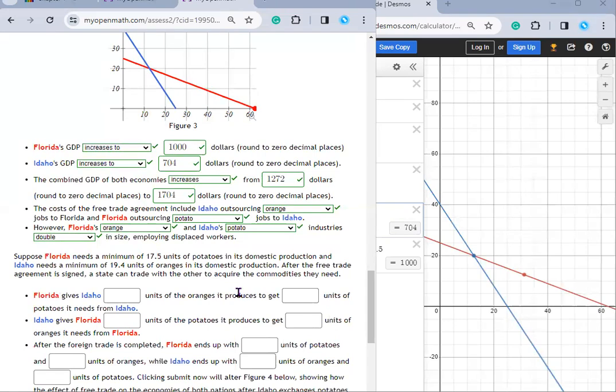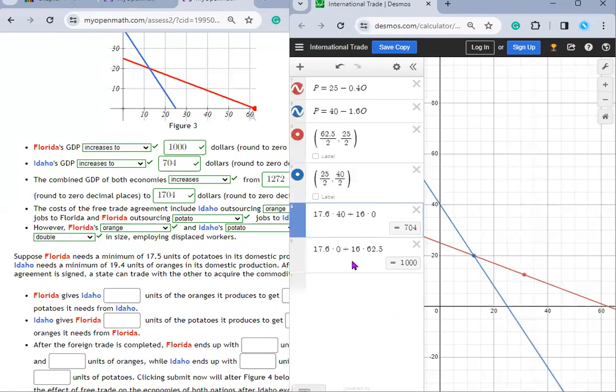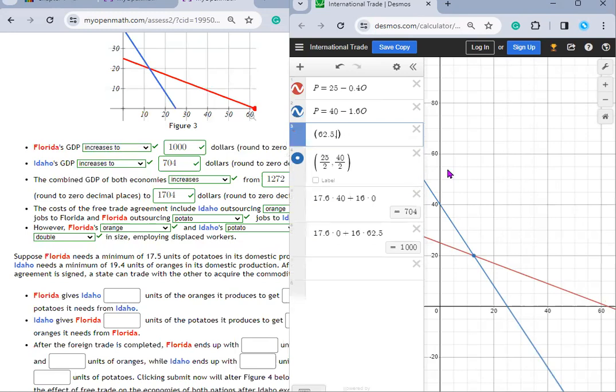Okay, so let me create some points here. So for Idaho, in the production for free trade, for Florida, this is the free trade outcome.